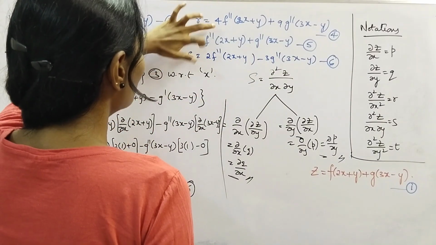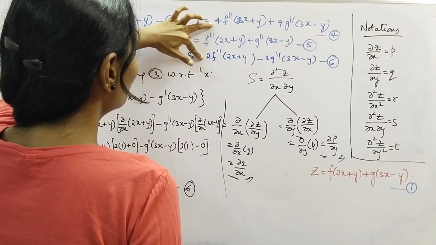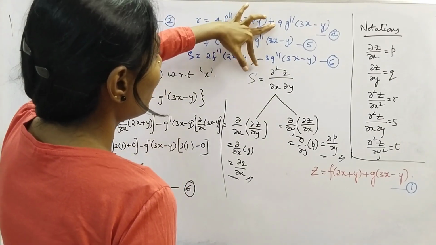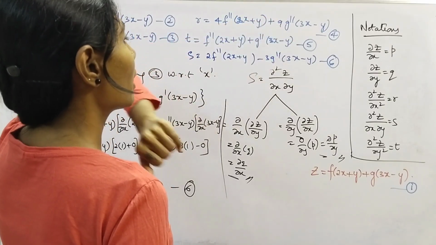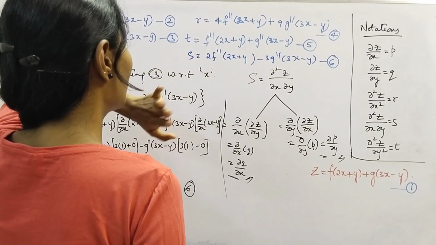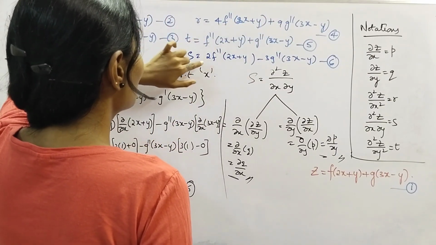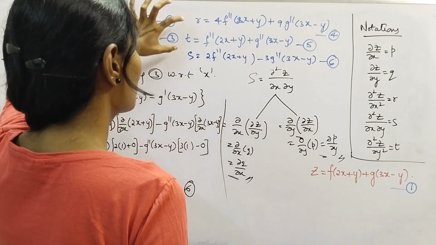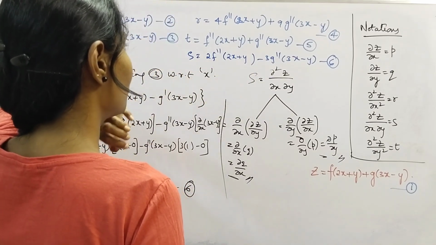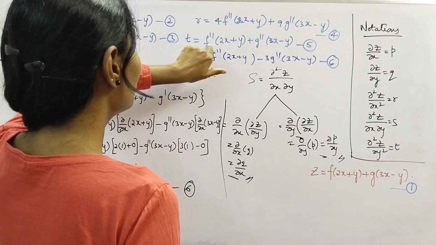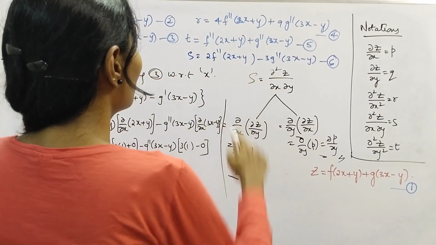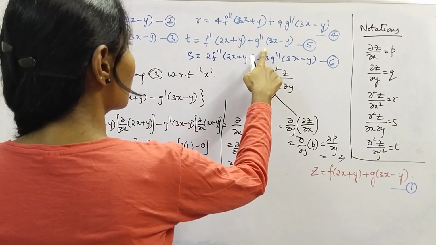If you do r plus t, you will get 4 plus 2, 6 f'', 9 minus 3, 6 g'', right? Fine, very good. You got 6f'' plus 6g'' using r plus t, right? And in this equation, you have 1, 1, right? f'' plus g''.